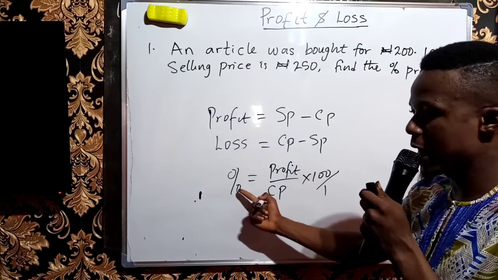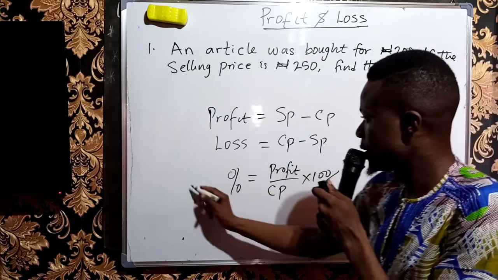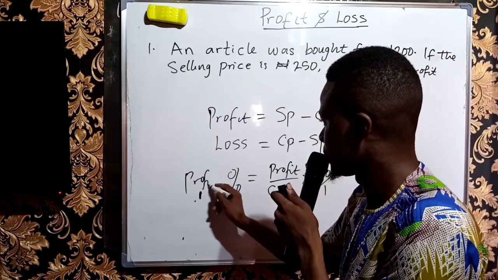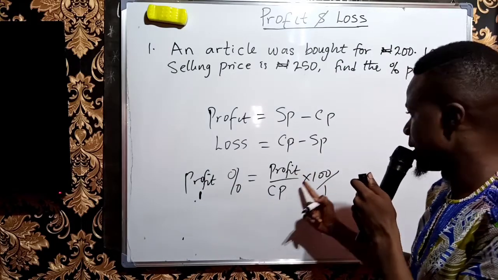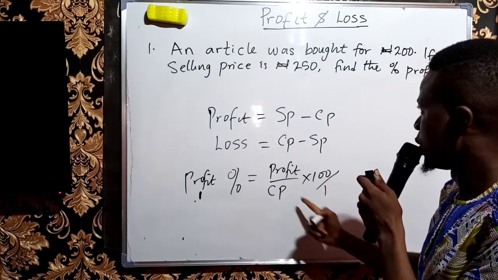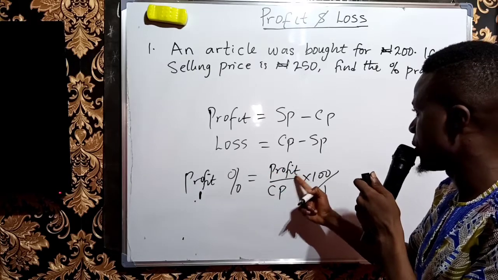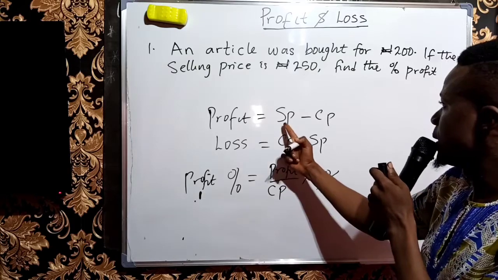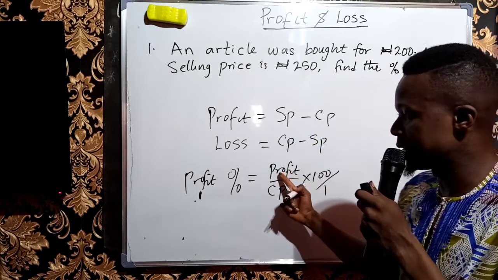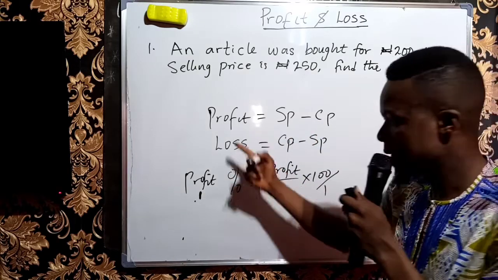So you are free to write that percentage profit is equivalent to profit over cost price times 100 over 1, or selling price minus cost price over cost price times 100 over 1, because selling price minus cost price is the same thing as a profit.